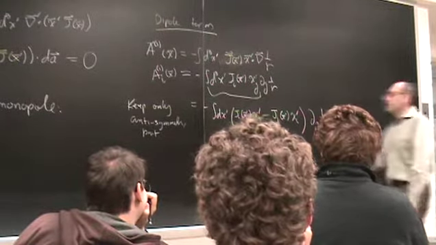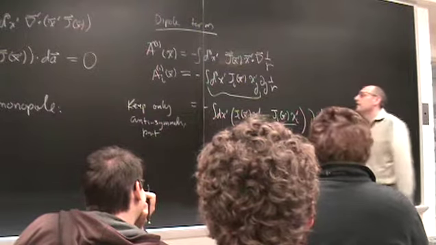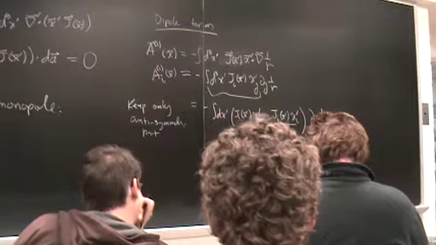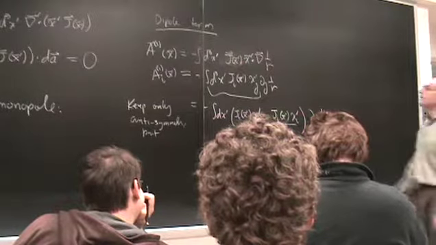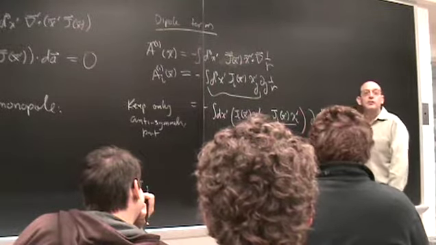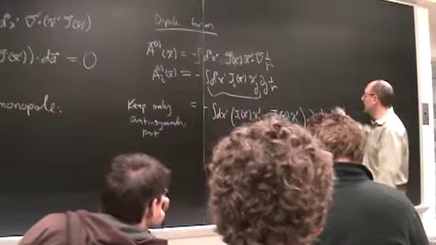And this antisymmetric tensor, we know, has 3 independent components, which are the 3 independent components of the cross product between those two guys.